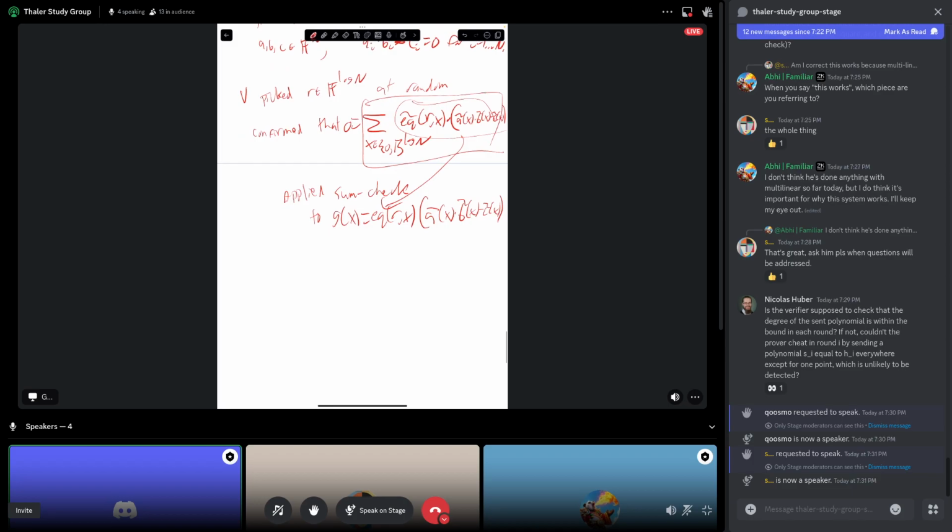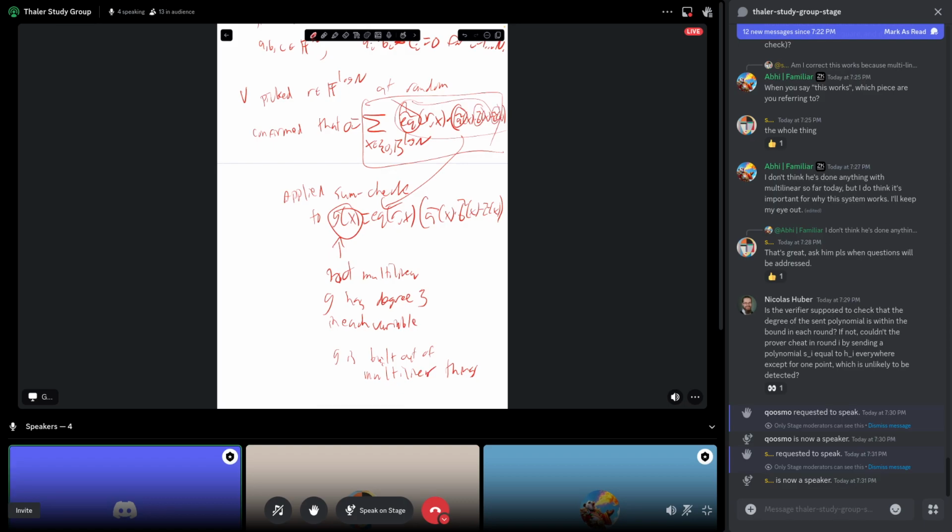What you see here is g is not multilinear. g has degree 3 in each variable. But g is built out of multilinear things. EQ twiddle is multilinear, a twiddle, b twiddle, and c twiddle are multilinear.